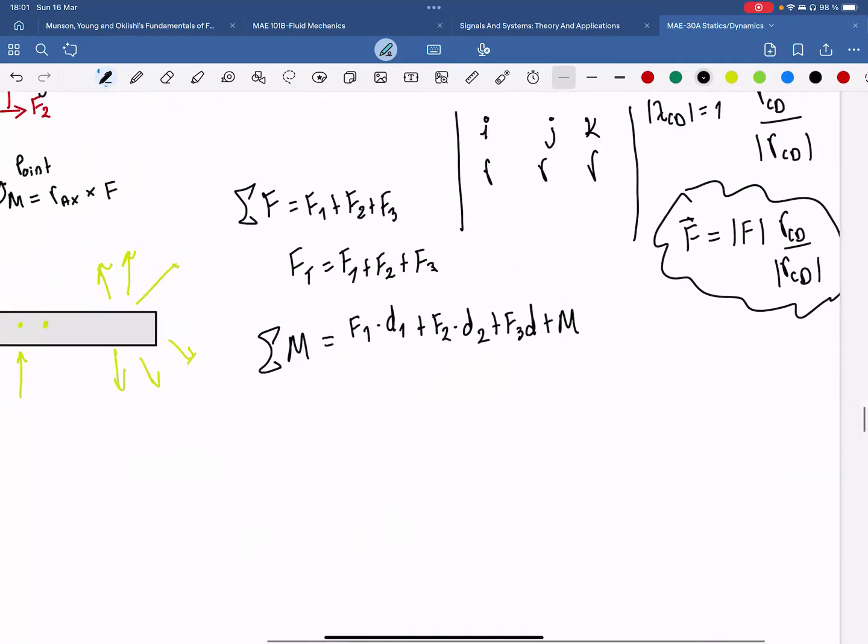So in conclusion, for lecture 7, force couple systems, I can replace the entire set of forces on a rigid body with one force and one couple. And the way you find the distance at which the force has to act and the moment you need in order to replace all those forces is by setting up the equation of the sum of the forces and the equation of the sum of the moments, right?